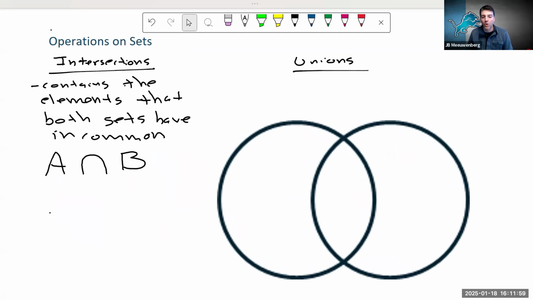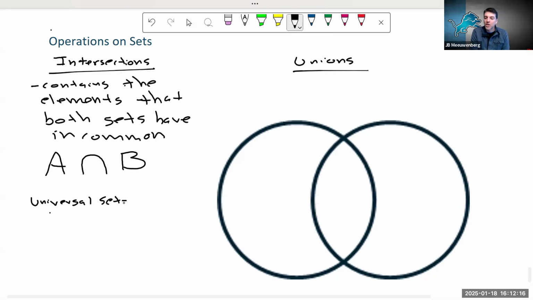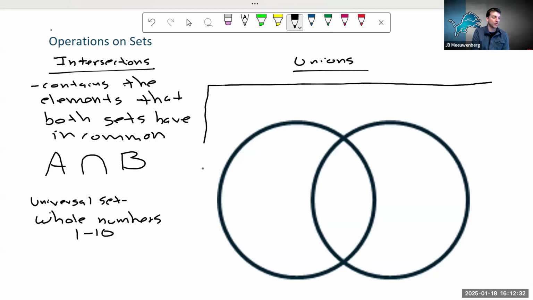We're going to look at a couple different sets. The universal set is going to be the whole numbers from 1 to 10. I should even put a rectangle around my Venn diagram.